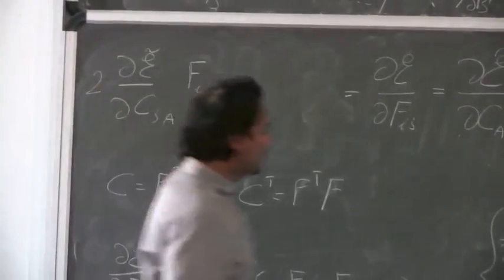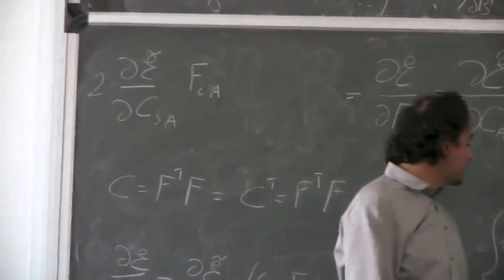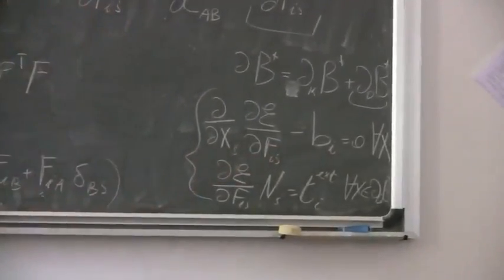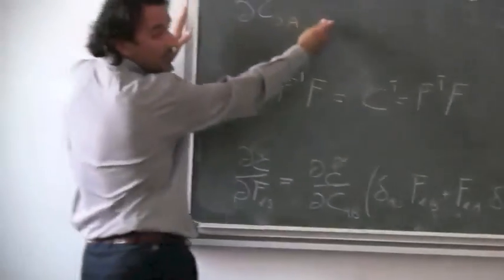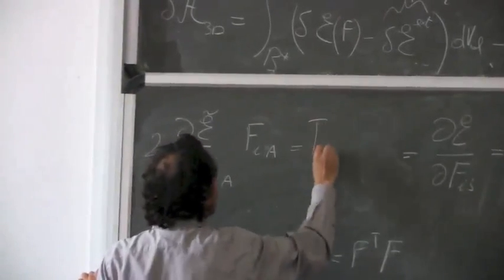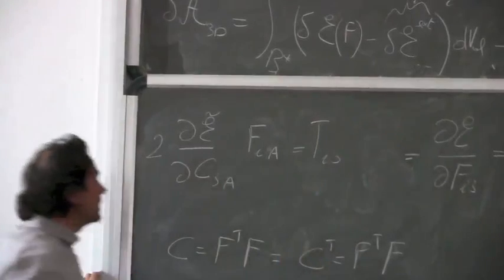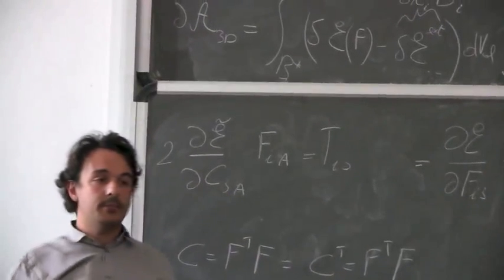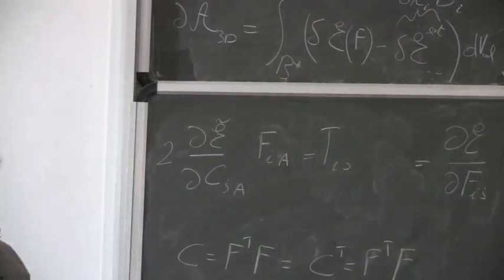The important thing that I have to mention is that this is a tensor. This is a tensor that is called T_ij, and this in the literature is called first Piola stress tensor, or first Piola-Kirchhoff stress tensor.